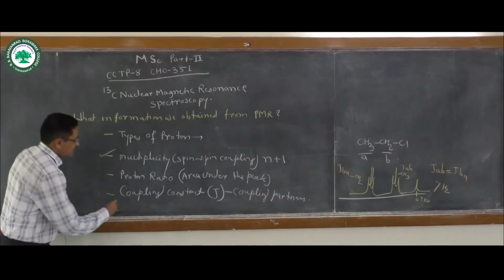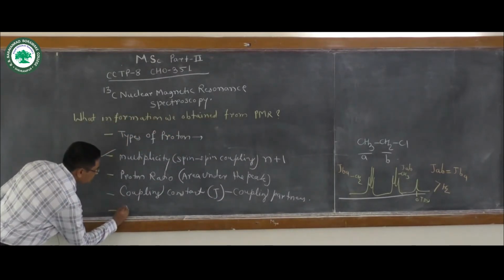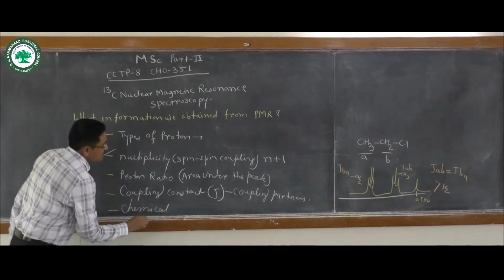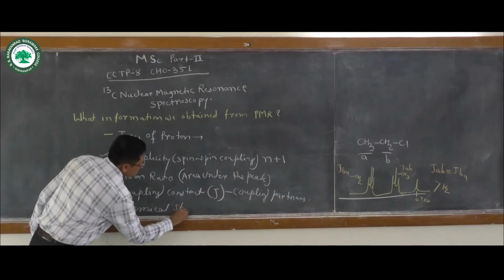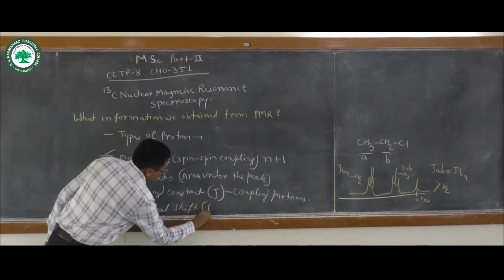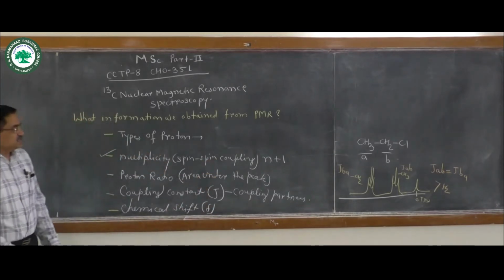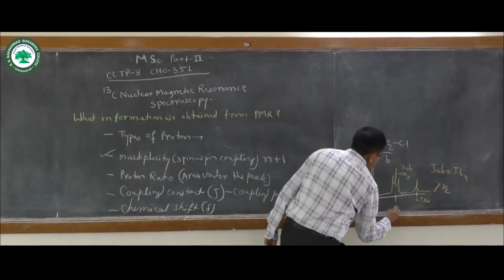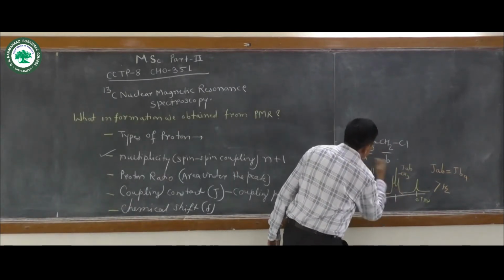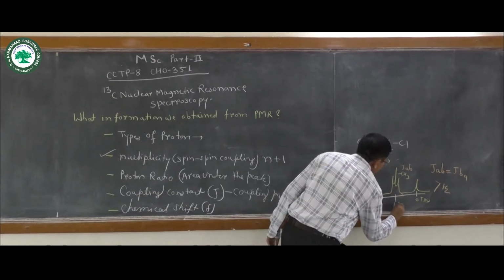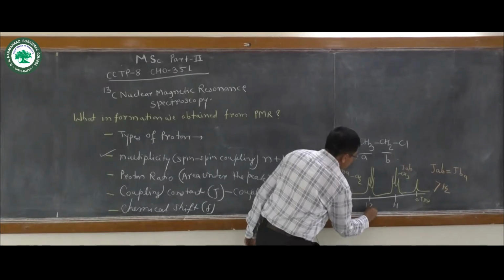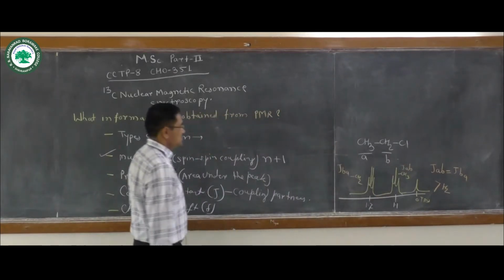The next point, which is very important, is chemical shift. Suppose this is CH3 and it is 1.1, and this is near about 1.7 due to the shielding.